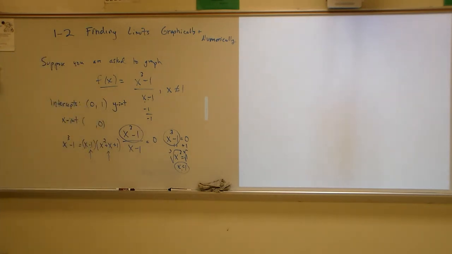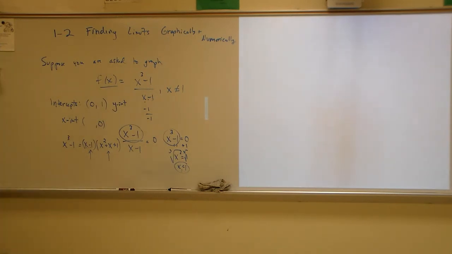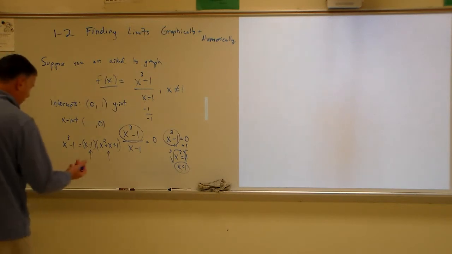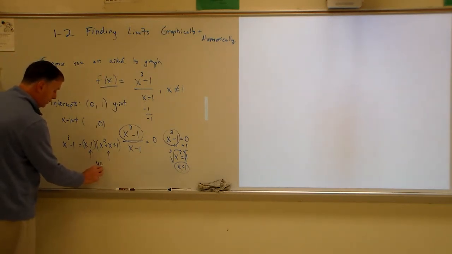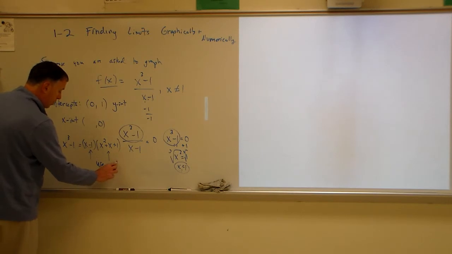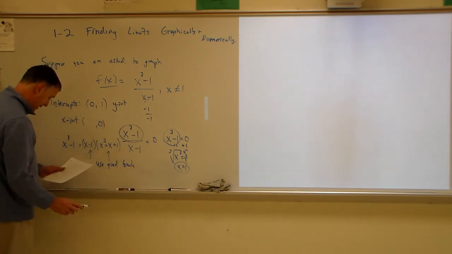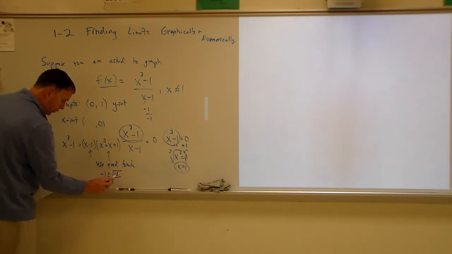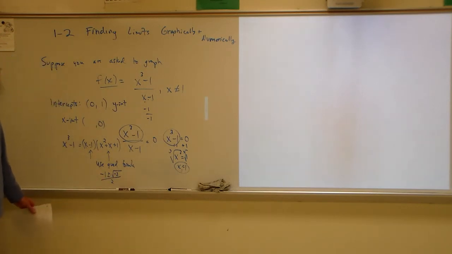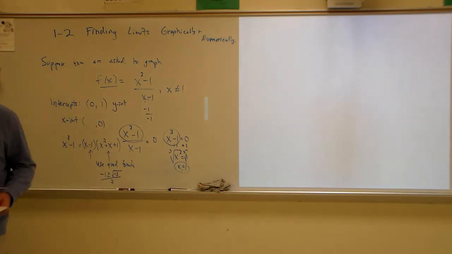If I were to use the quadratic formula to solve this, I'm going to cut to the chase, save us some time and save you some writing. I would find -1 plus or minus the square root of -3 all over 2. What does that mean? It means we have imaginary answers, which means they're not going to show up in my graphs.